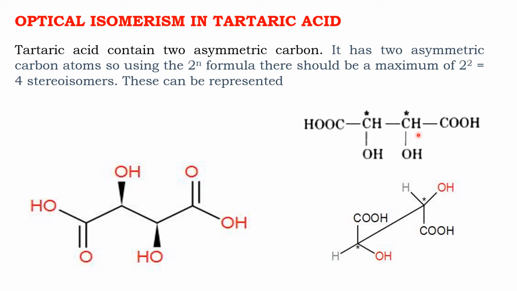Hence we expect 2 raised to n, that is 2 raised to 2, which is 4 optical isomers. Since tartaric acid contains 2 asymmetric carbon atoms, we expect 4 optical isomers. But actually 4 isomers are not available. That we have to discuss now.